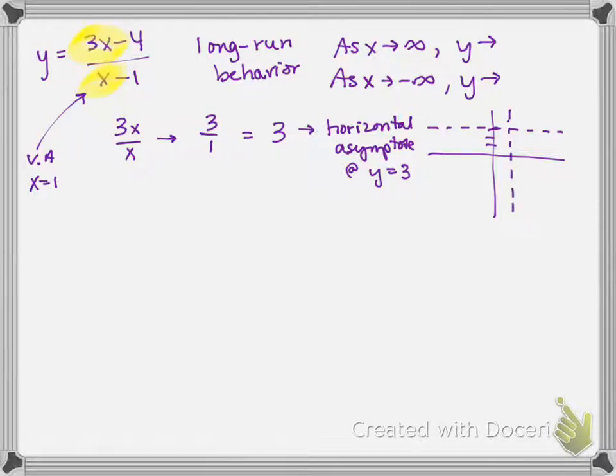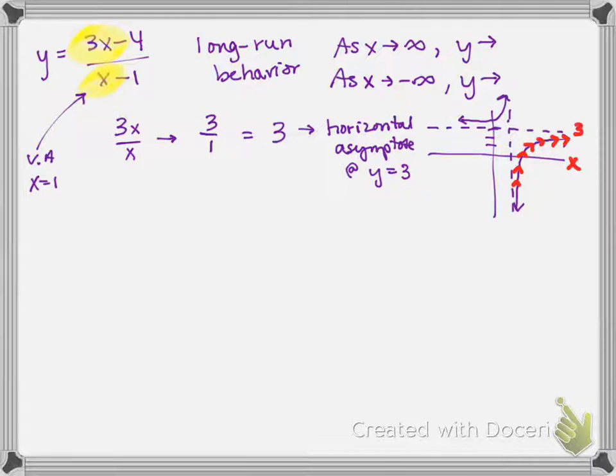And you can graph this if you want to see exactly what it does. You don't have to because we have the characteristics. But a lot of times these rational functions will have this split. So there's this upper piece and then there's this lower piece. And you'll see as the x values get larger and larger, the graph will try to approach this horizontal line of y equals 3.